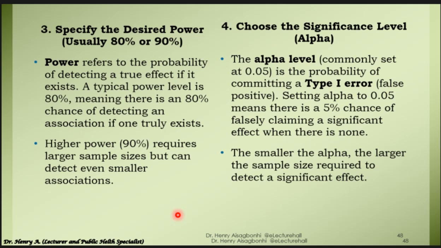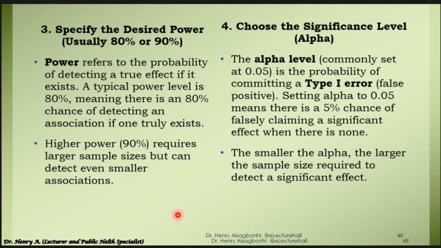Now, another thing that affects it is to choose the significance level. Of course, when you want to carry out your hypothesis test, I told you, commonly people use 0.05, and this is the probability of committing a type 1 error, that is a false positive. The null hypothesis is that it is not having any effect.